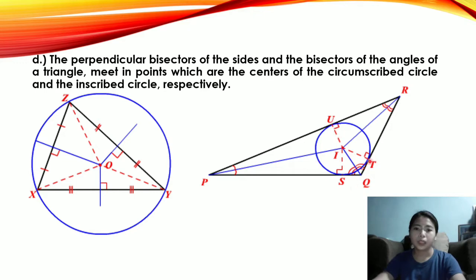So this circle is the largest circle that will fit inside the triangle. So when a circle inscribes a triangle, the triangle is outside of the circle and the circle touches the sides of the triangle at one point on each side.